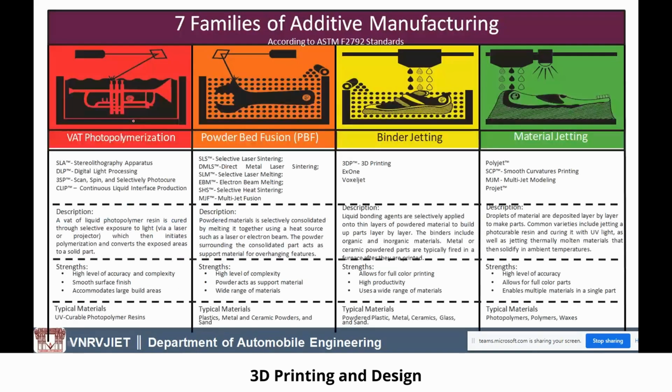So now we'll discuss the 7 processes of 3D printing or additive manufacturing, about their process, strengths, and the material which we are going to use for those processes. The first one is the liquid based manufacturing process that we call VAT photopolymerization.